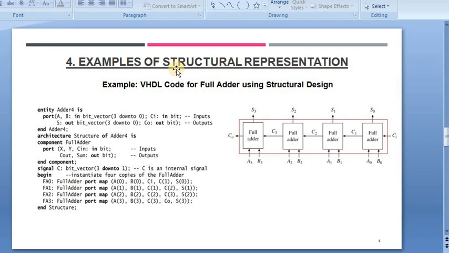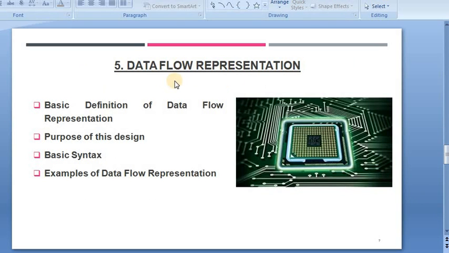Now let's move to the next topic of data flow representation. As we explored earlier, again this topic starts with the basic definition. Now what is data flow representation? The data flow representation describes the architecture of the entity without describing its components.